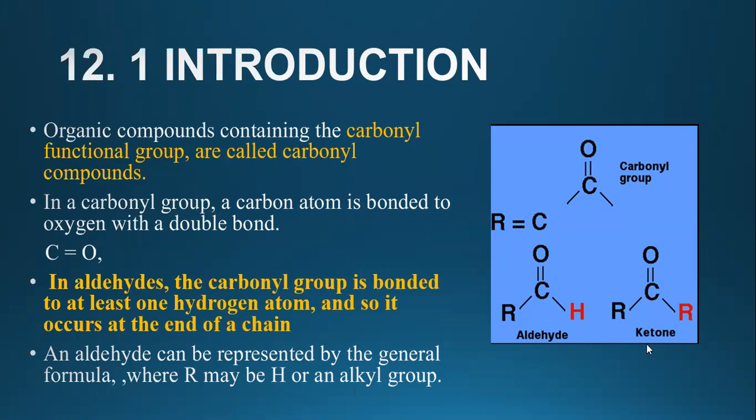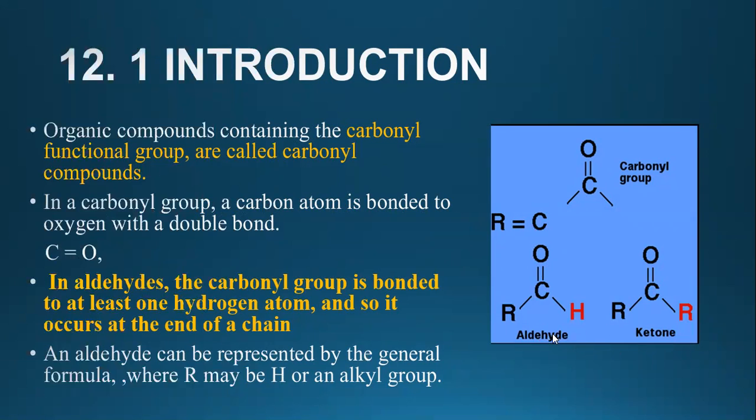Both aldehyde and ketone functional groups have the common C double bond O group in both of them. So these compounds are known as the carbonyl compounds because the carbon is double bonded with oxygen atom. But the major difference between these compounds is that the hydrogen atom will exist in case of an aldehyde, but in case of ketone, both sides of carbonyl group are replaced by two R groups.